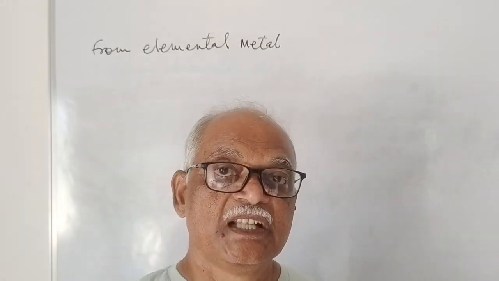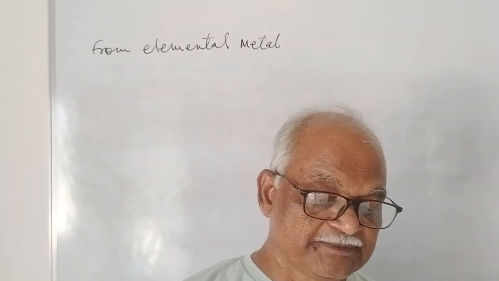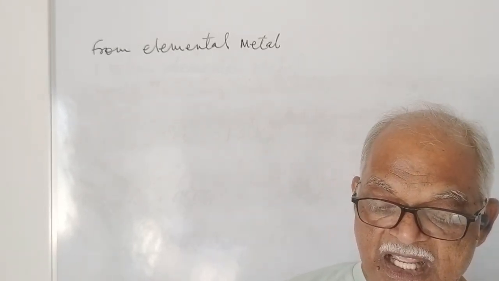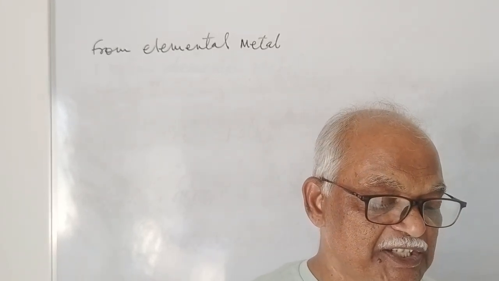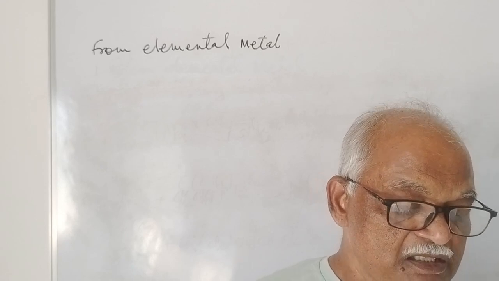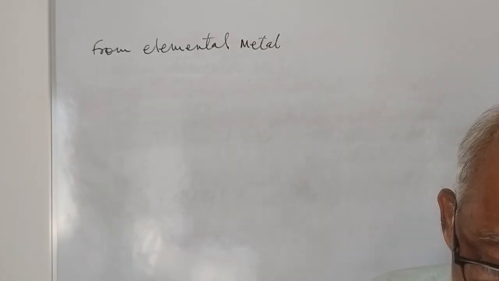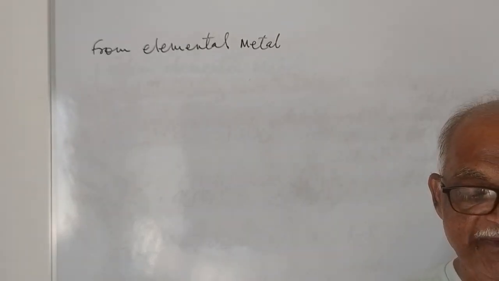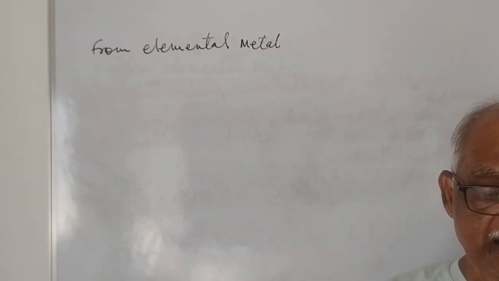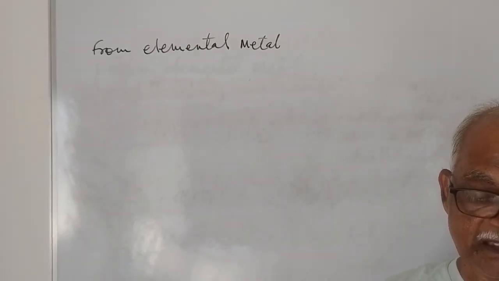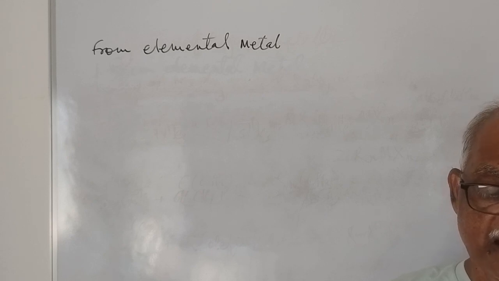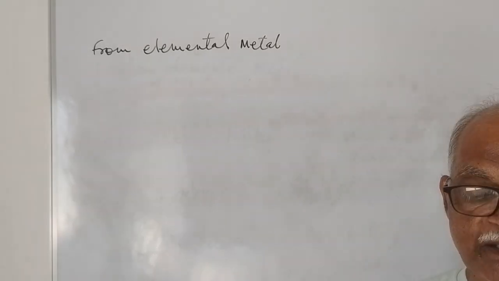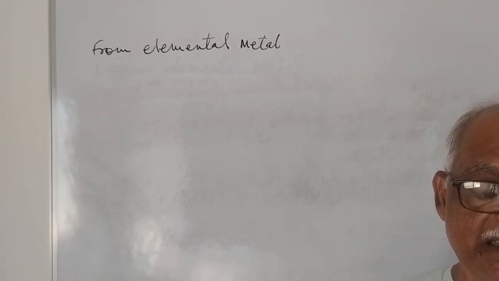This is the most common way of preparing metal alkyls, that is, organometallic compounds, by the transmetallation reaction. Here the reaction is carried out between a transition metal halide and an alkyl or main group metal alkyl.